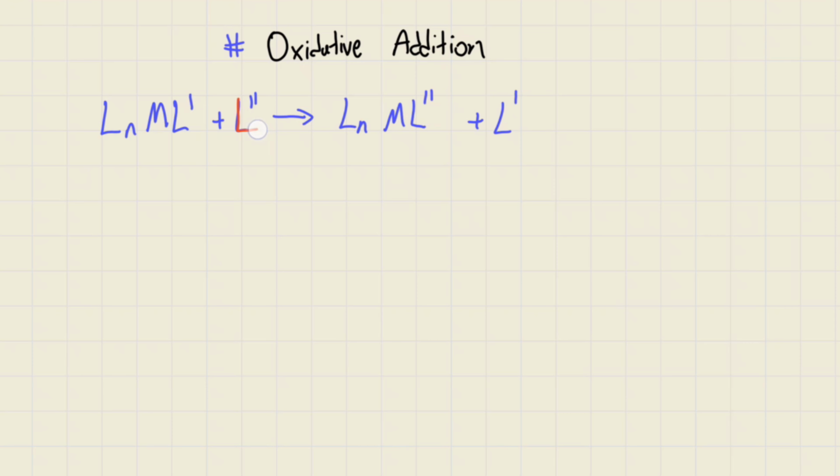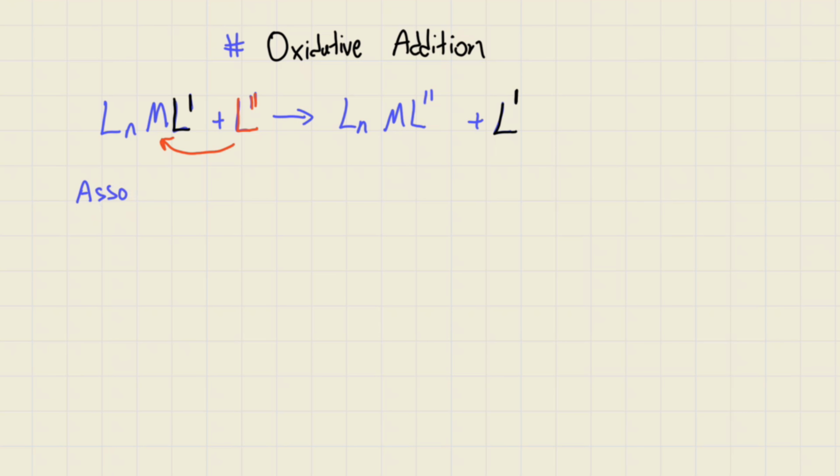This ligand substituted to the metal center, and another ligand, this one, L prime, is eliminated from the metal center. So this is a ligand substitution reaction. And there are two main reaction mechanisms.